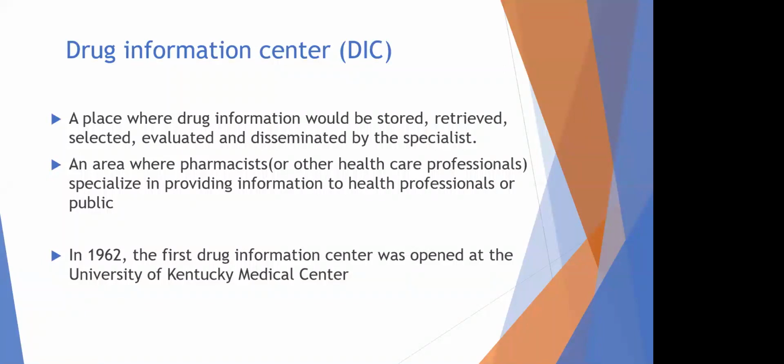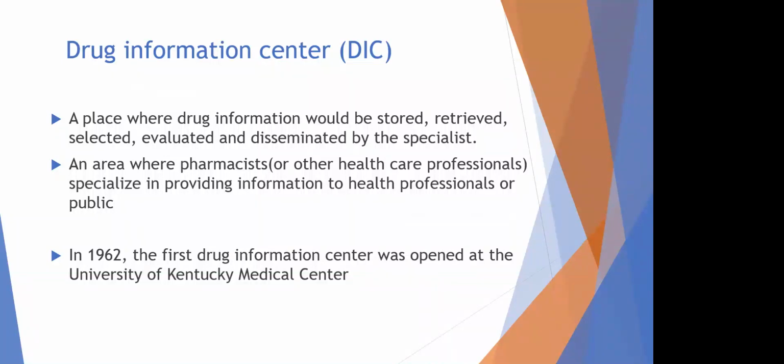And in this area, we pharmacists specialize in providing information to the public, or even to students. And the first drug information center was actually opened at the University of Kentucky.